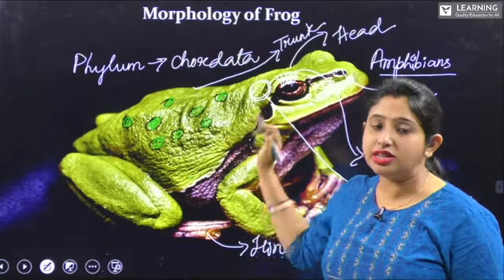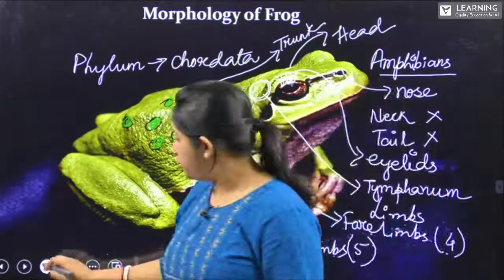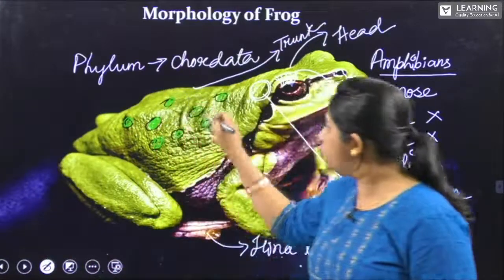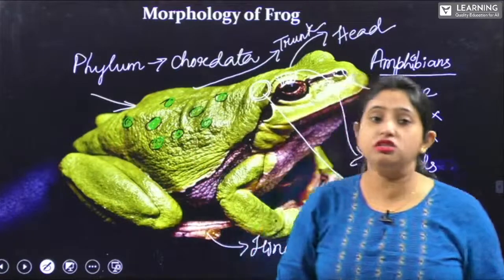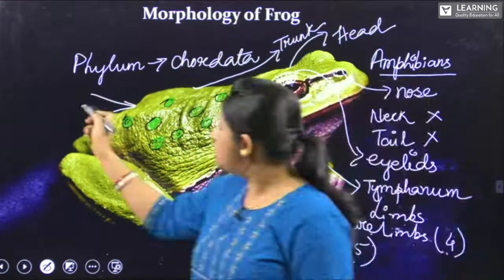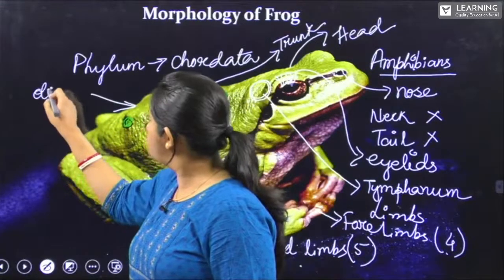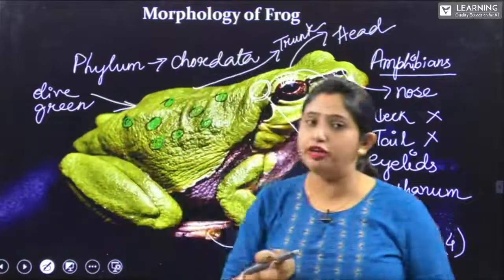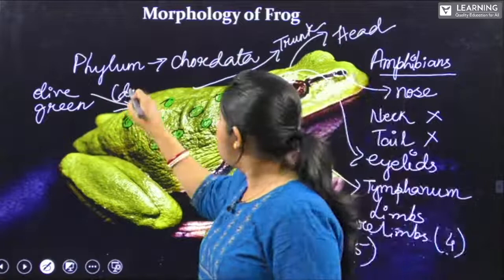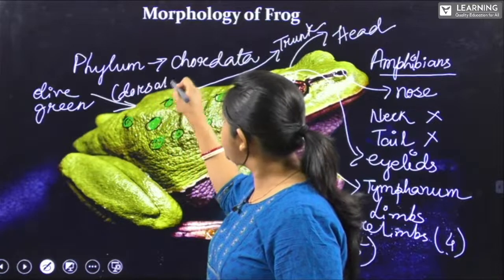The dorsal part of the frog, which is the front side that is visible, is known as the dorsal side. The dorsal side is olive green in color.